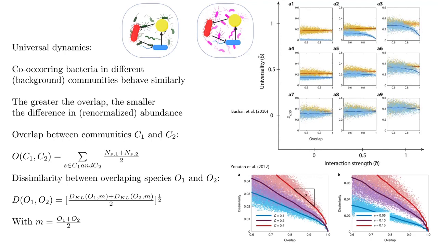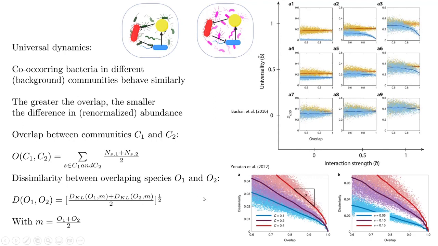You can do that by comparing two things. One is the overlap: how much overlap there is between one community and the other. The other is the dissimilarity: how different the overlapping groups are from each other.